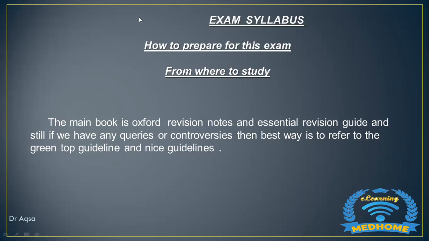Sometimes what happens is that the Oxford Revision Notes was published in 2011, so some of the percentages are older in this book, like the percentage of preeclampsia, hypertension in pregnancy, gestational hypertension, and GDM. So for that, we will take help from the guidelines just to update our knowledge.